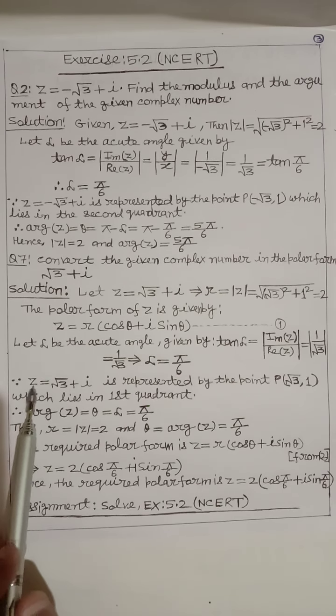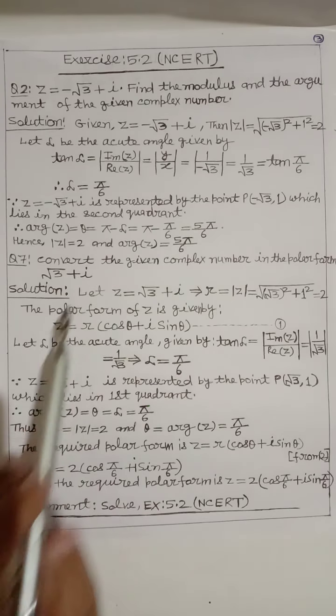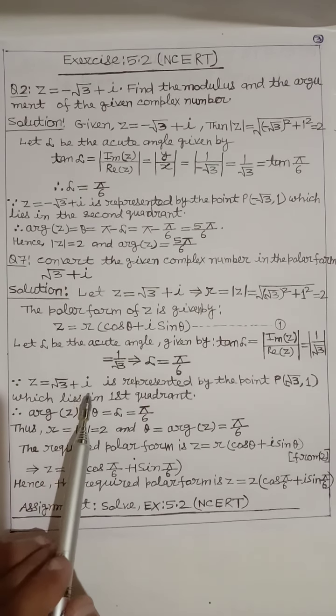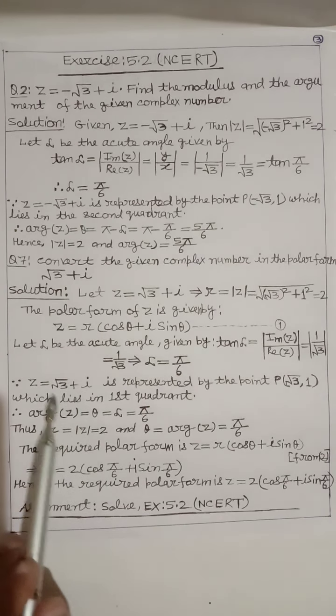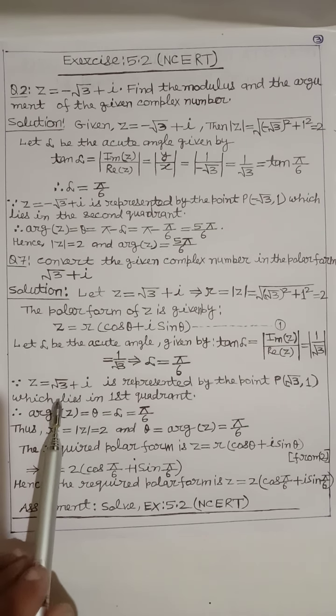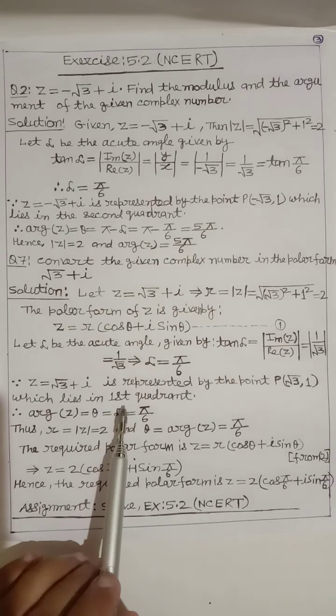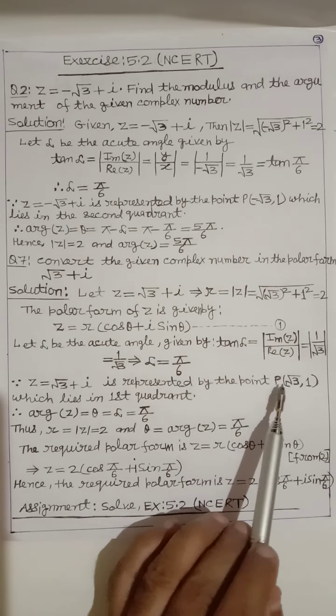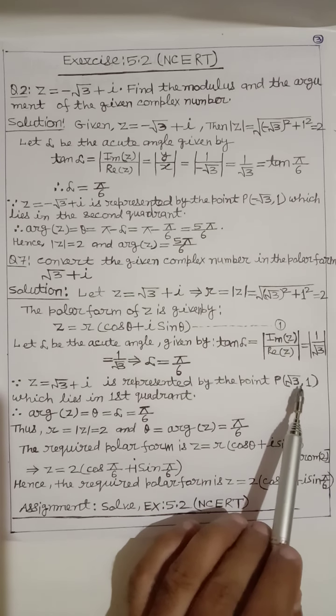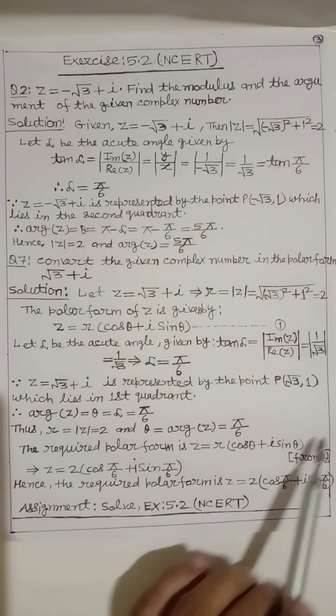Since z is equal to root 3 plus i, here x is positive and y is positive, meaning this complex number lies in the first quadrant, and it is represented by the point P having coordinates root 3 and 1.